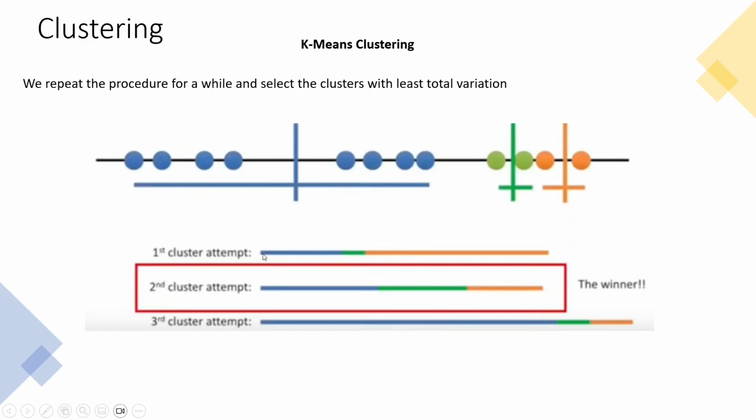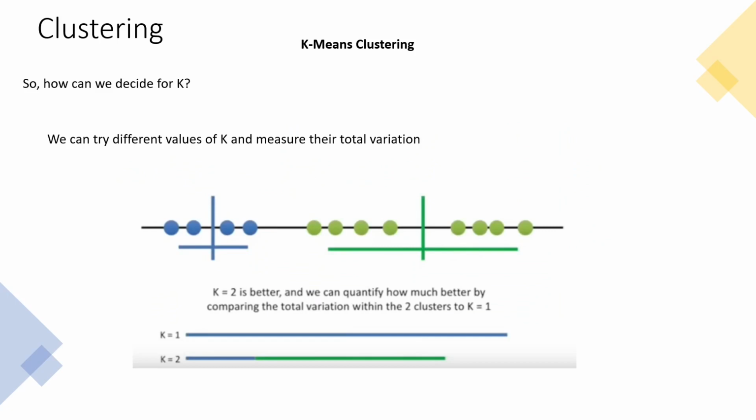Let's say we did 3 attempts, and out of these 3 attempts, this is not good, this is unbalanced as well, this is very unbalanced as well, but as you see, the second attempt is quite balanced, so we would choose this as the winner clustering, and that would classify our data sets in a better way.